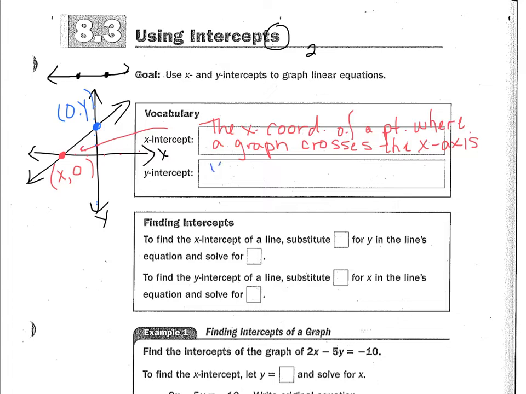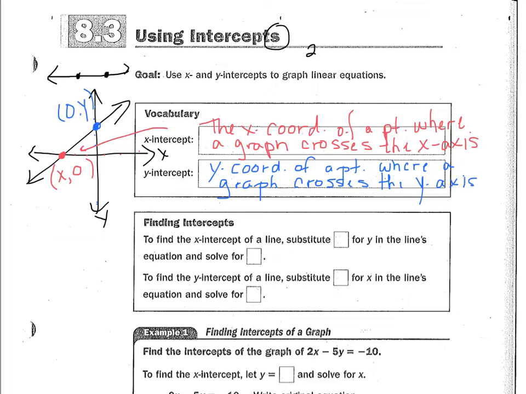So it's the y-coordinate of a point where a graph crosses the y-axis.